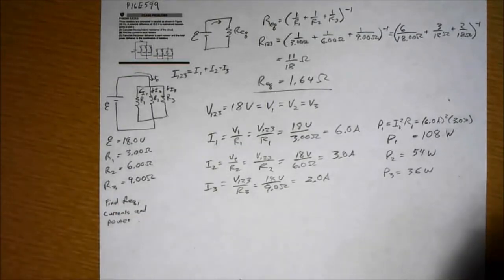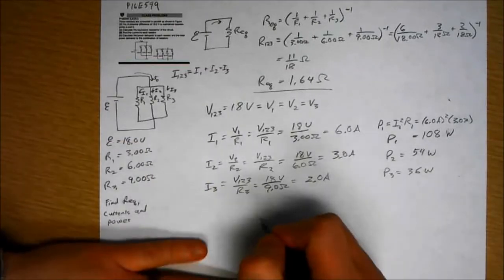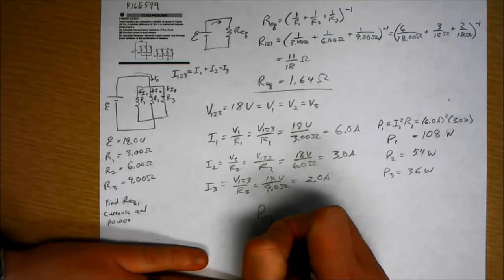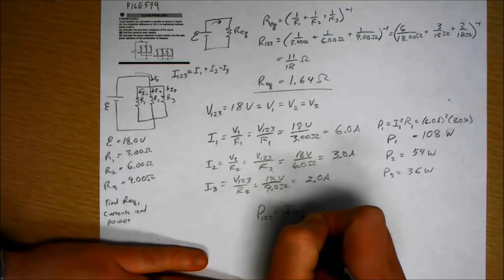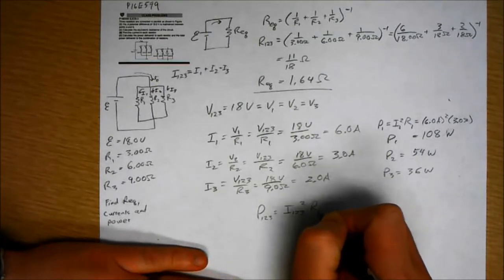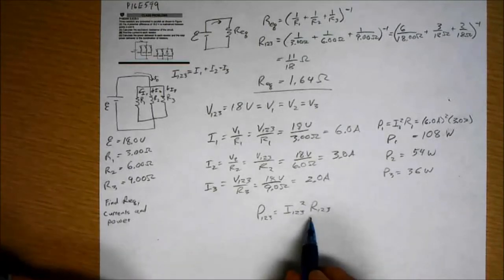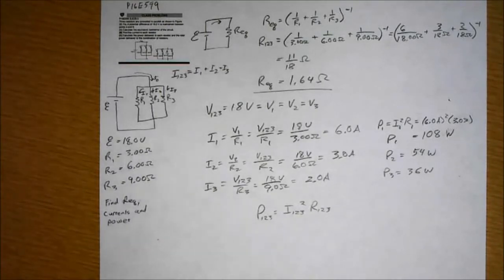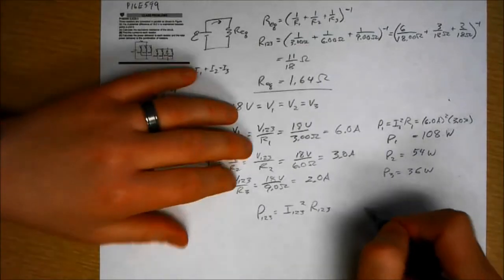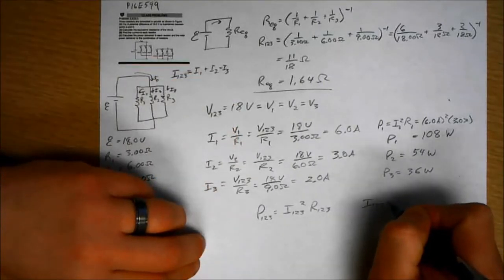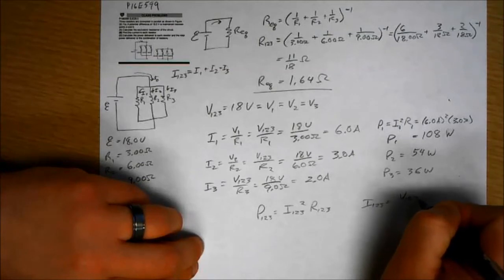Okay, so now what is the power through the entire circuit? Well, I can say the power P1,2,3 equals I1,2,3 squared times R1,2,3. We have the total resistance, R1,2,3. We don't have I yet. However, I could say I1,2,3 equals V1,2,3 over R1,2,3, right?